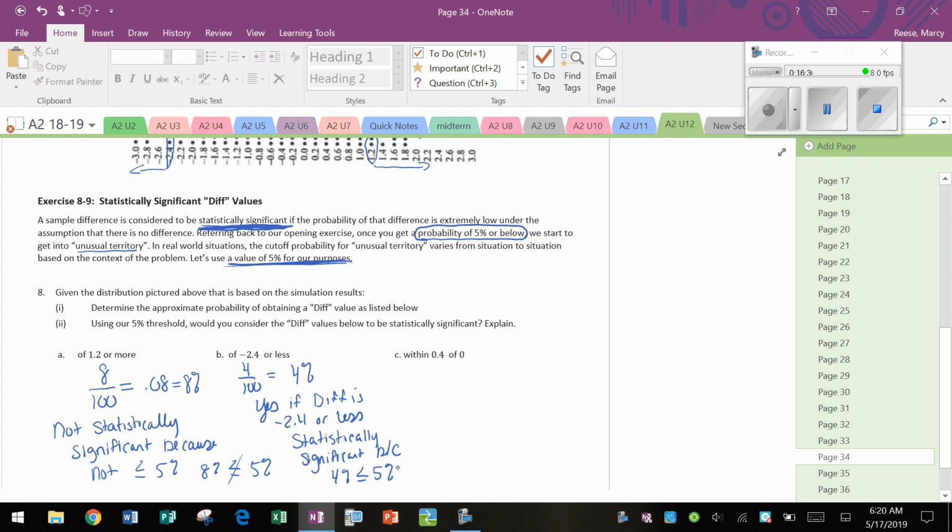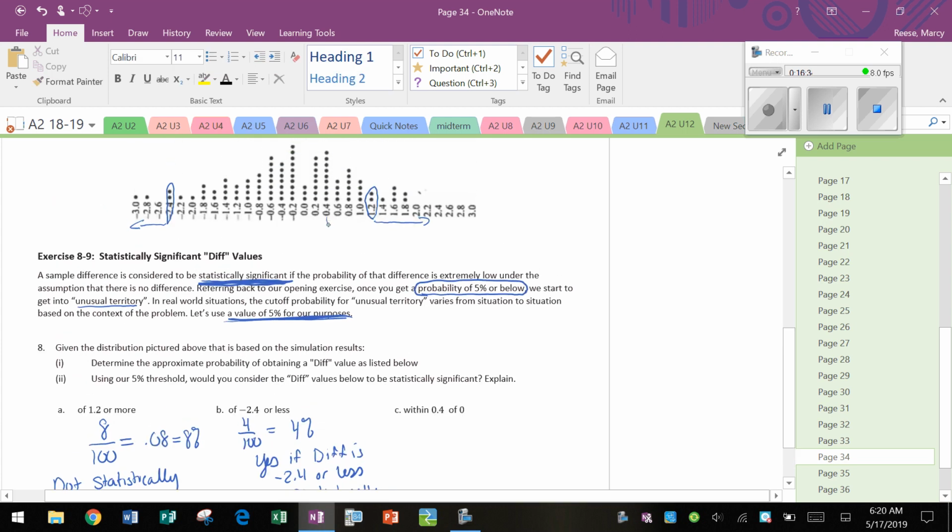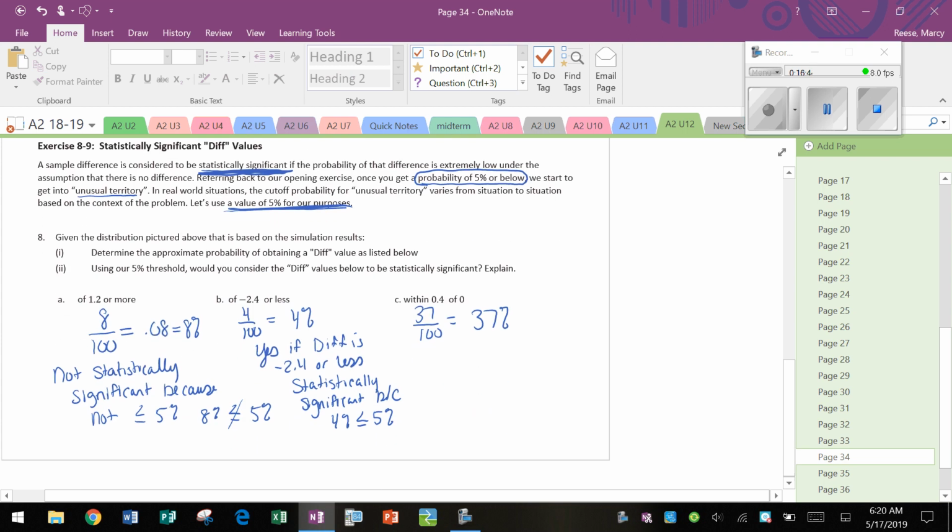And so the 0.4 is 0, and I found 37 when I did it. So that means 37%. We would say this is not really statistically significant. Not really statistically significant for ours.